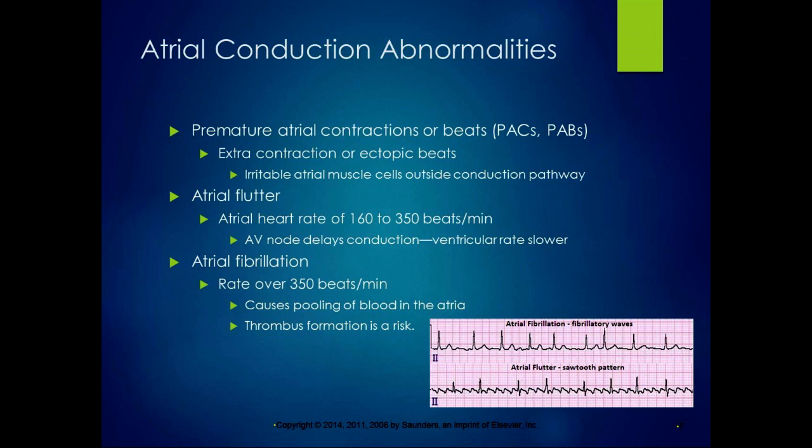So atrial conduction abnormalities are fairly common. So you can get premature atrial contractions or beats, and sometimes they'll call them PACs or PABs. There's an extra contraction. So the atrial muscle cells are described as being irritated.